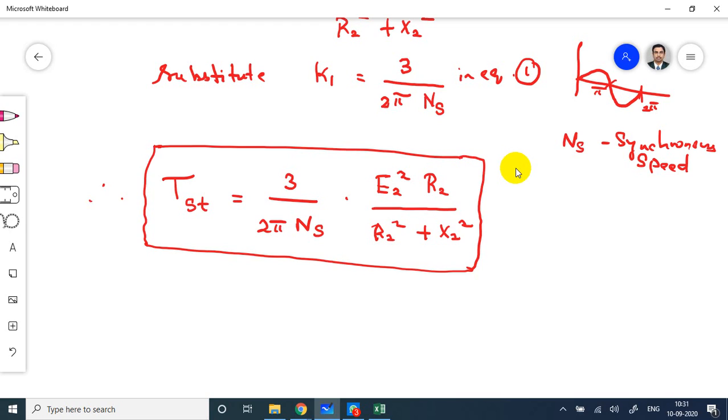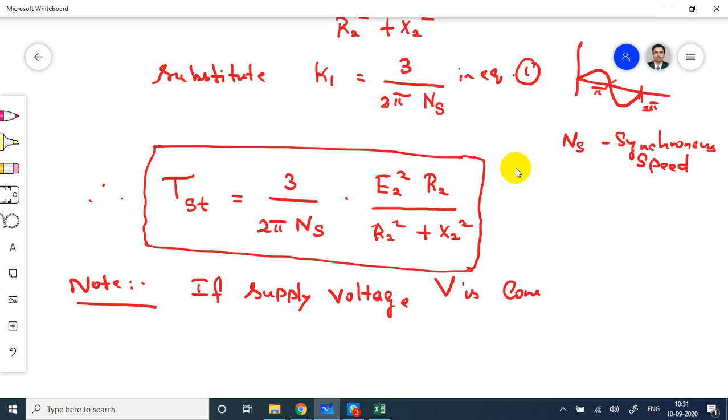Note, suppose the supply voltage V is constant.